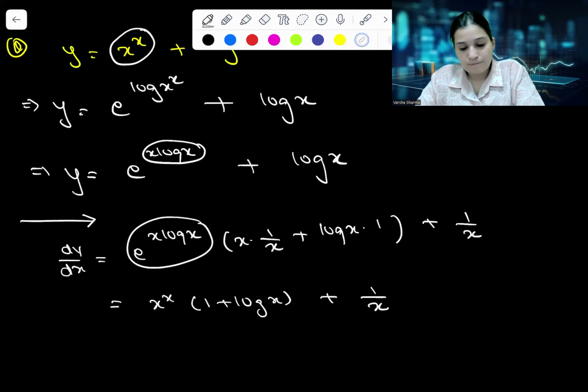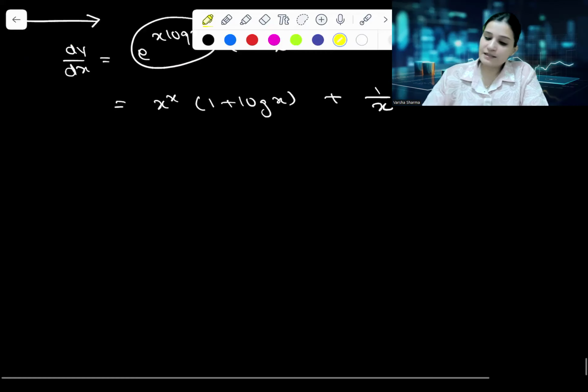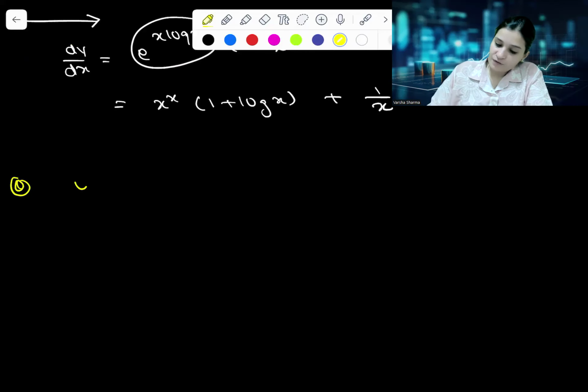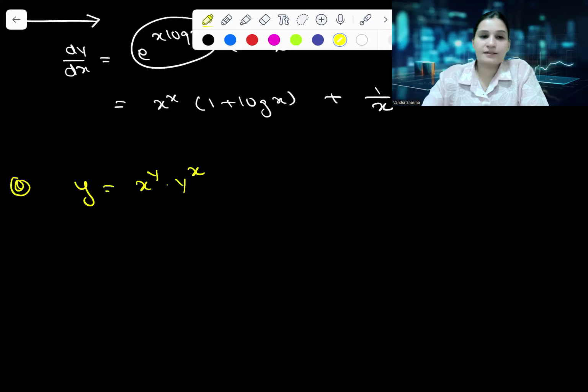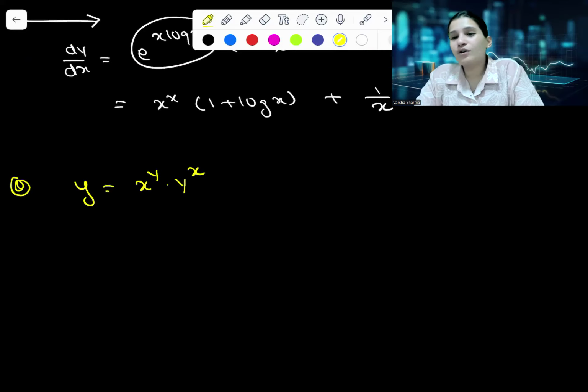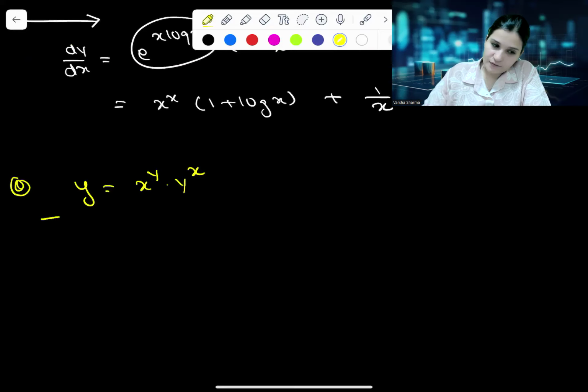Now, if there is a multiplication term, y equals x power y into y power x, using e will not help us. It's going to be complicated. It's easier to take logarithm here. So, taking log on both sides.